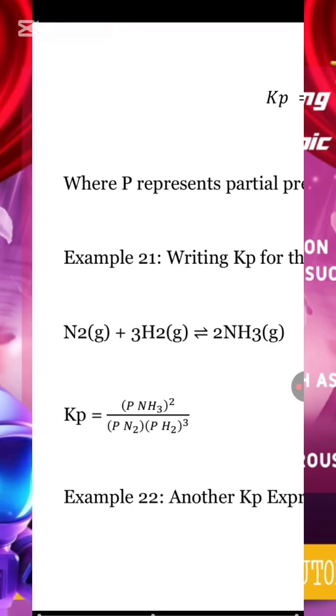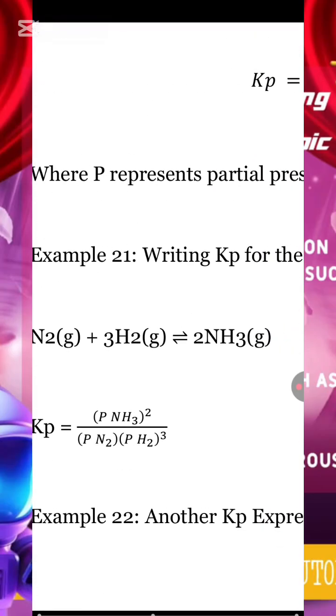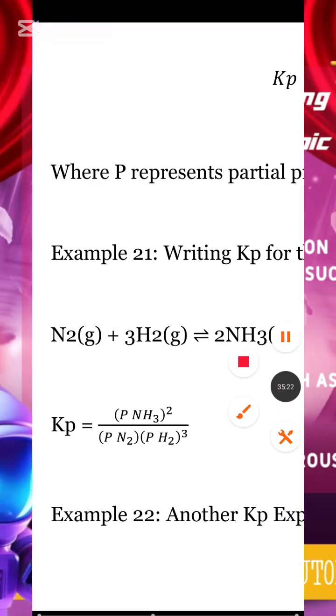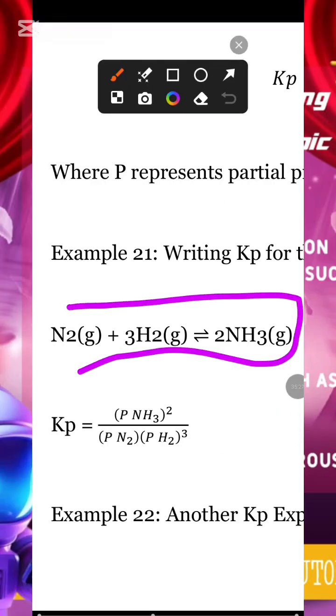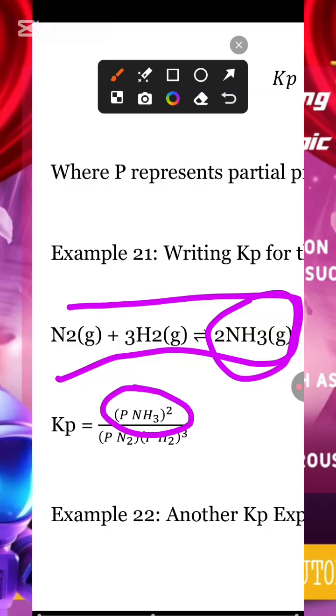So you can see an example right here. Observe this example very well. You can see that they are all gases, so I'm going to express my constant in terms of partial pressure. So what am I going to do? This is the reactant, NH3. I'm going to put it on the numerator, as you can see right here, and I also raise it to the power of 2, which is its coefficient. But just that this time, instead of writing NH3 in the bracket, I'm putting PNH3.